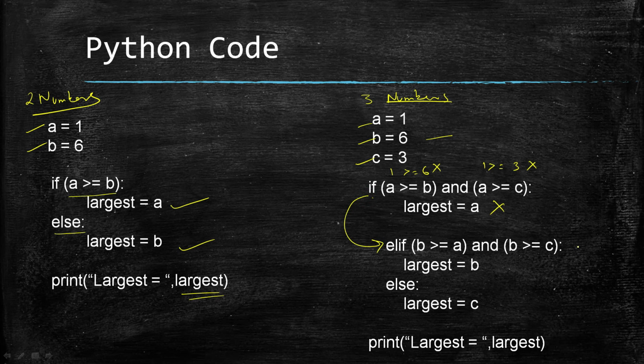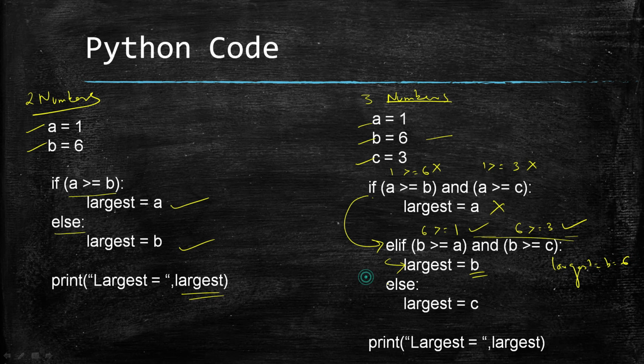Over here, what will it check? B is greater than or equal to A. Yes, 6 is greater than or equal to 1. It's true. And B is greater than or equal to C: 6 is greater than or equal to 3. This is also true. As both are true, we will store largest equals B, which is equal to 6.